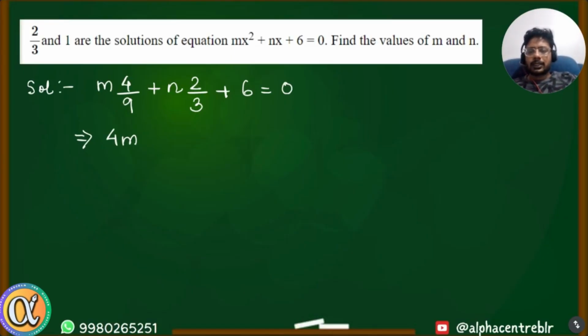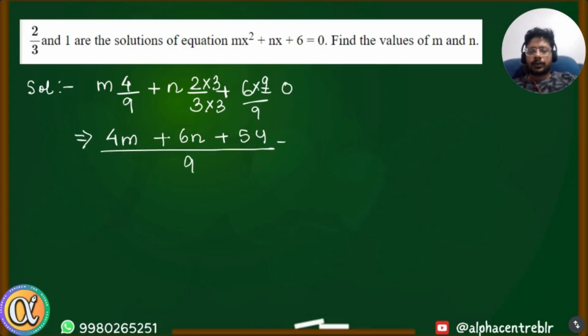Okay, I can see LCM is 9 only, right? So I can just multiply here only with 3 and 3 and here with 9 and 9. So I'm trying to take LCM in the first step itself. So this is 4m plus 6n plus 54 divided by 9 equals to 0.